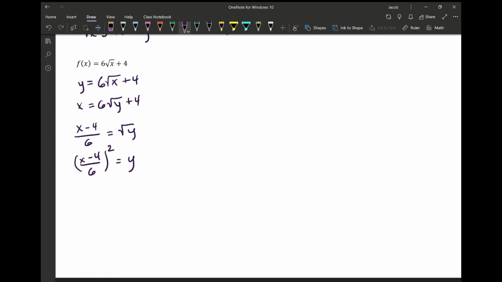And this looks like a parabola. So I'll write f inverse of x equals x minus 4 squared over 36. It might be a parabola that's squashed vertically pretty well, because this can also be written as 1 over 36 times x minus 4 squared. But that's alright.